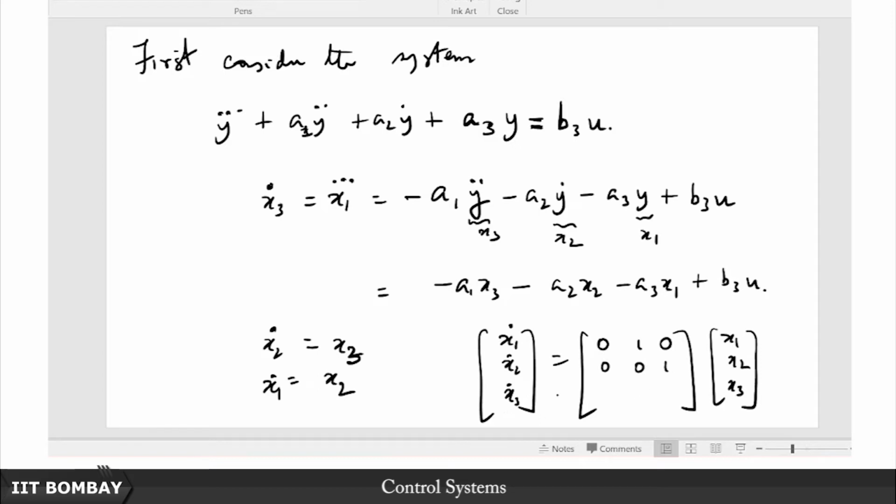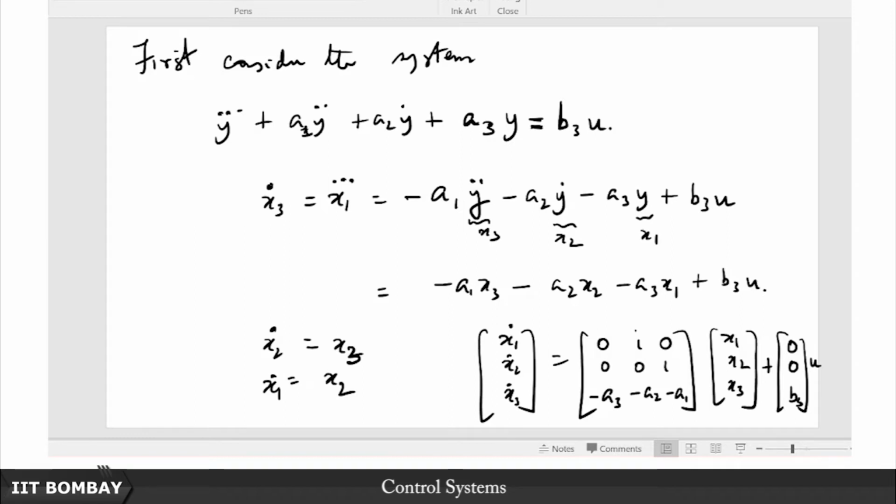What about x3 dot? x3 dot is going to be minus a3 times x1 minus a2 times x2 and minus a1 times x3, plus what about b3? It is going to be 0, 0, b3, sorry, this is the B matrix, times u, because the input does not appear in the other equations, right? The x1 dot and x2 dot expressions do not contain u.